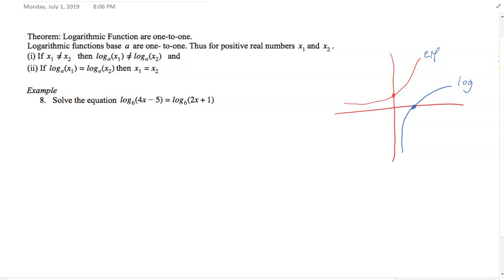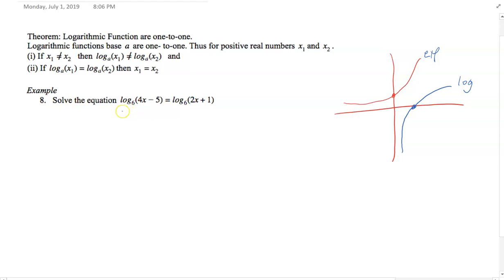Then we can use these ideas to do a bunch of algebra. For positive real numbers x sub 1 and x sub 2, if x sub 1 is not equal to x sub 2, then log base a of x sub 1 is not equal to log base a of x sub 2. And if log base a of x sub 1 is equal to log base a of x sub 2, then x sub 1 equals x sub 2, right? That is true for a one-to-one function.